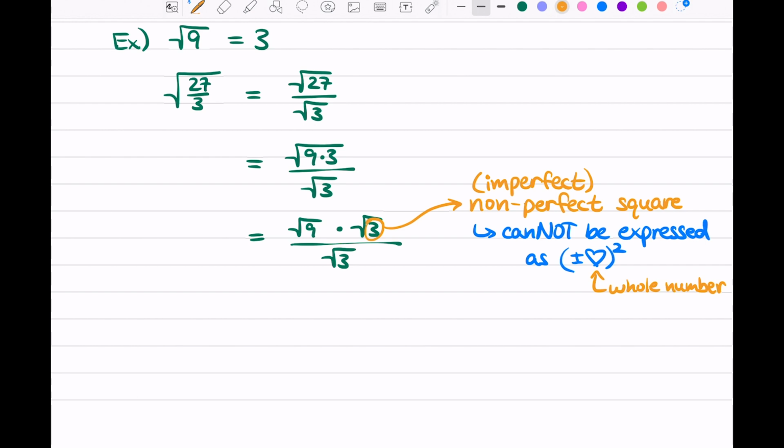We cannot rewrite 3 as plus or minus a whole number squared. 9 we can do that. 9 is plus or minus 3 squared. And what this means is the square root of a non-perfect square will be a decimal number.